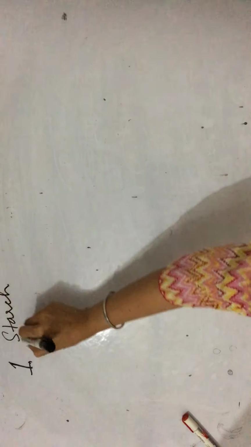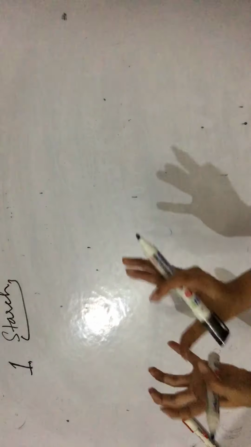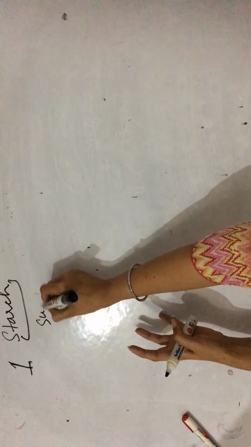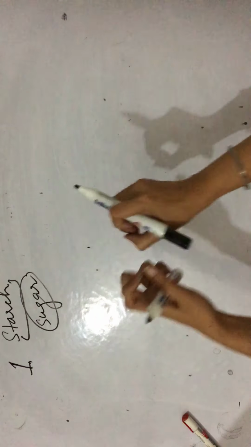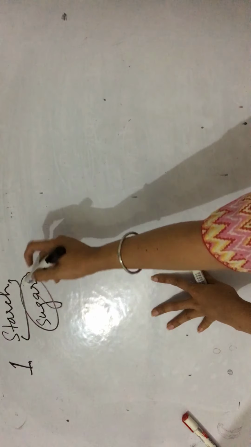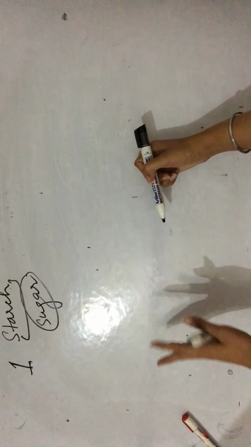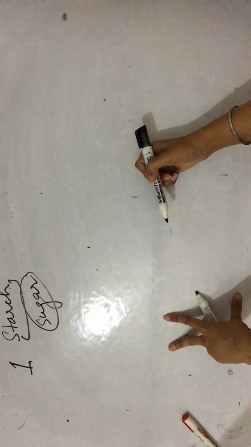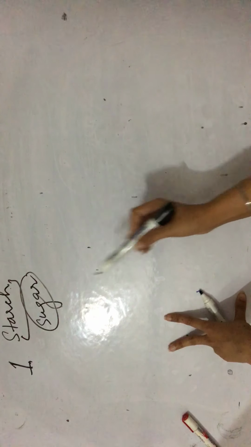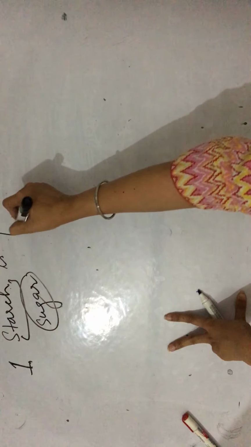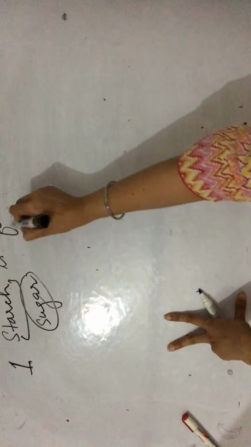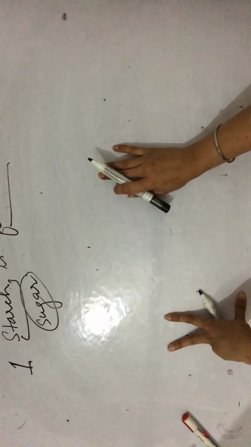What is starch? When a lot of sugar comes together, accumulates together, it forms starch. Alright? So you have to prove that starch is formed in a plant during photosynthesis.